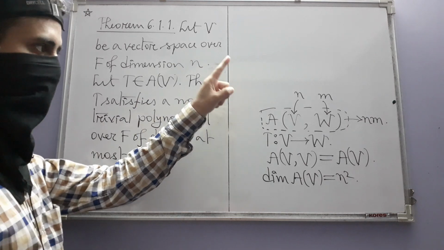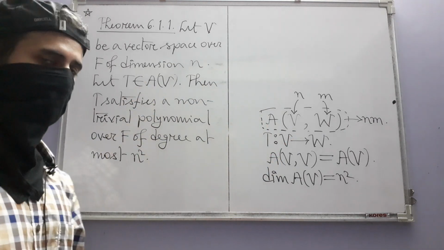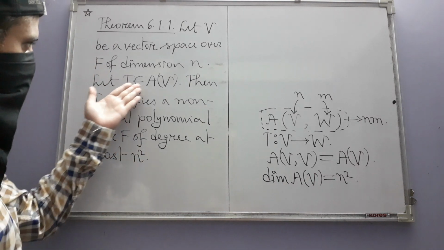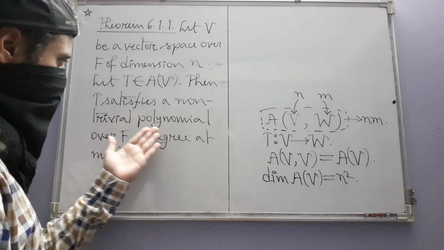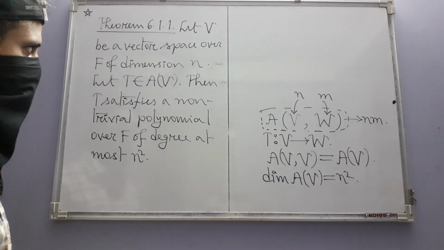There you had dimension m, here the algebra is n square dimensional. So any algebra element is going to satisfy a non-trivial polynomial of degree at most n square.